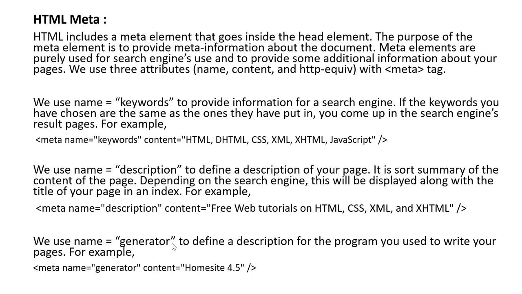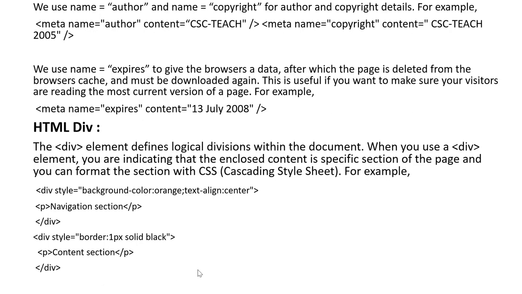We use name generator to define a description for the program you use to write your page. For example, meta name generator content HomeSite 4.5. We use name author and copyright for author and copyright. For example, meta name author content CSTs, meta name copyright content CSTs 2005.